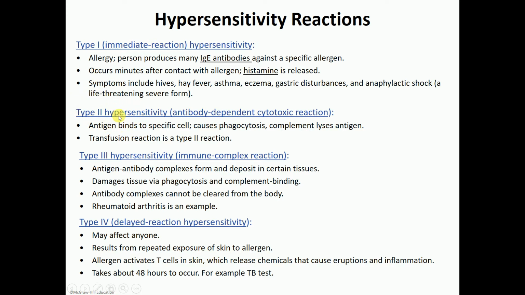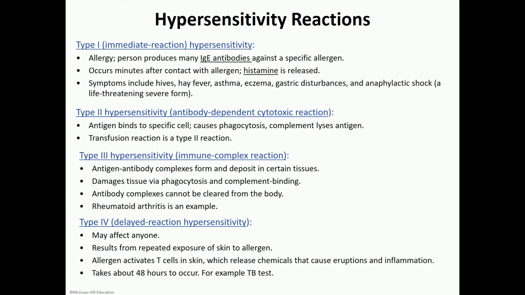Now, the type 2 hypersensitivity, also known as the antibody-dependent cytotoxic reaction, is where there is an antigen and an antibody that combine together, and that is going to lead to the activation of complement, and complement is going to destroy that antigen.